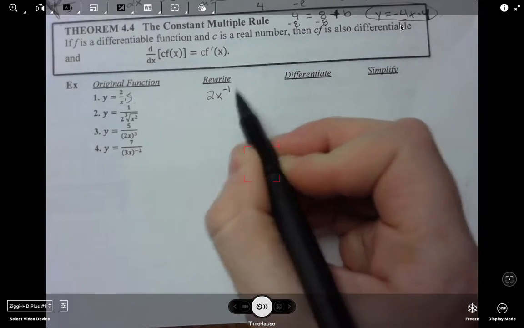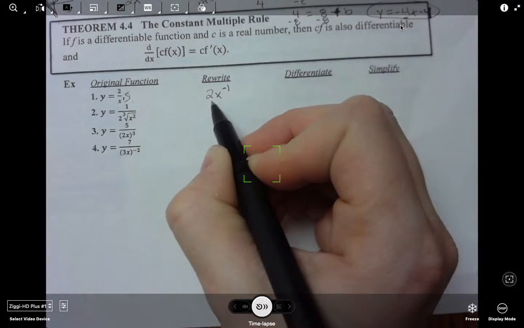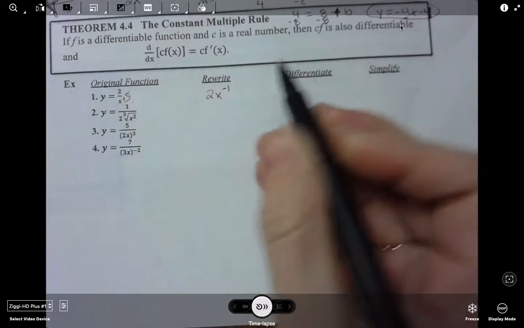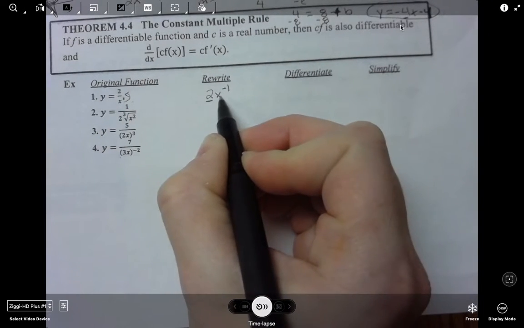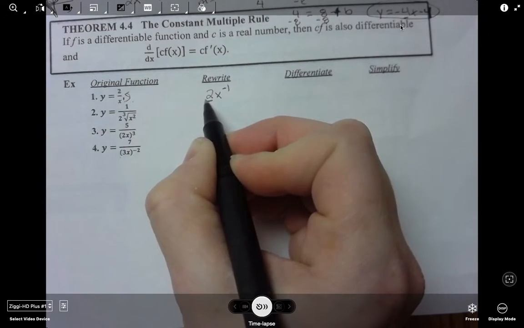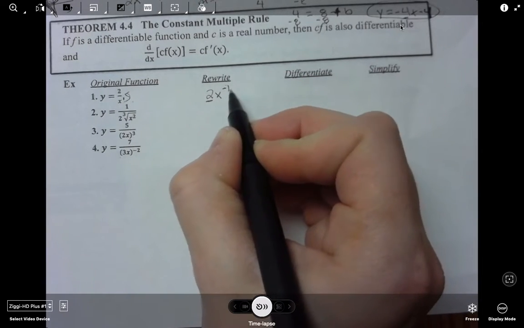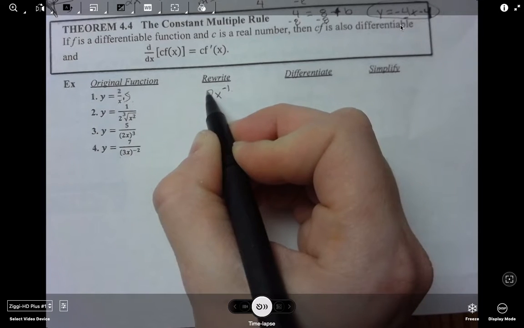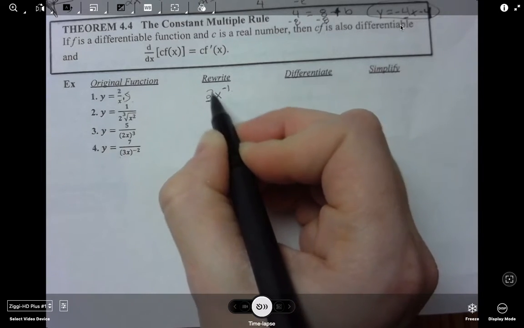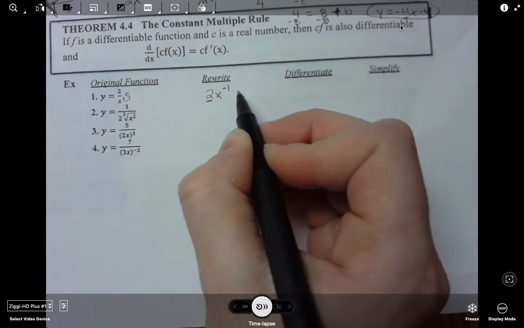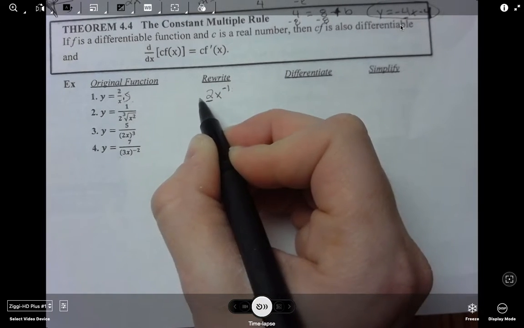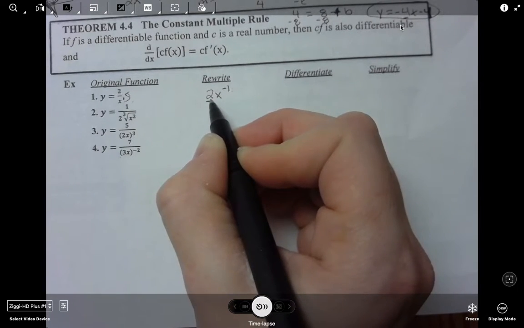The constant multiple rule says that if I have a constant in front of my x, like 2, it's okay. All I do with my exponent when I bring it down is multiply it. So I can have numbers out in front. When I bring that negative 1 down, I'm just going to multiply it by the constant that's out in front.